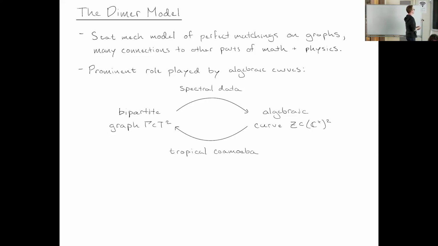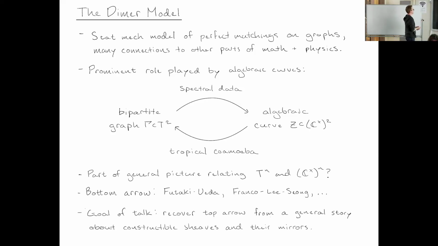But okay, so here's a big picture point of view. And you might just look at this little chart and think, okay, the number 2 is on both sides. Can I replace the number 2 with the number n for some bigger n?